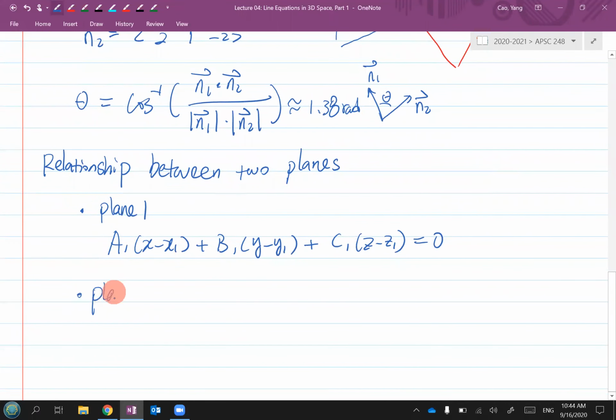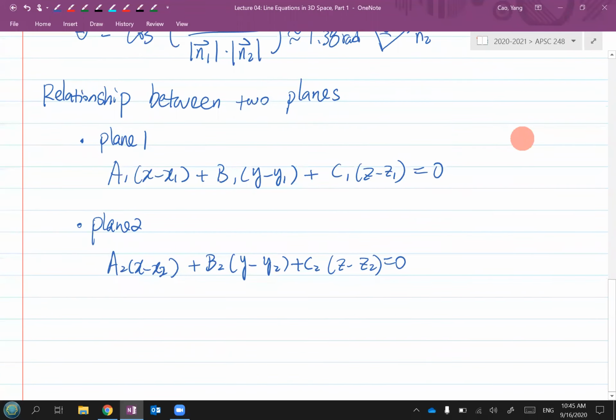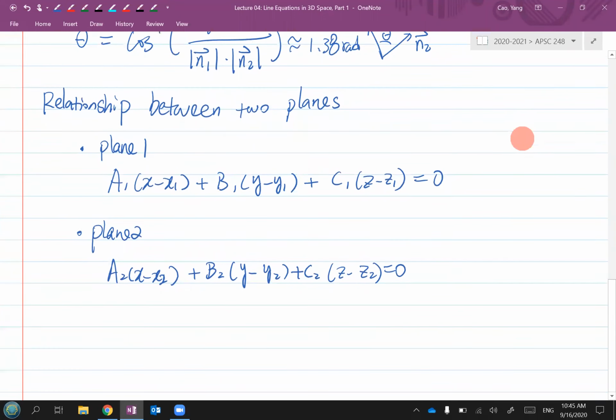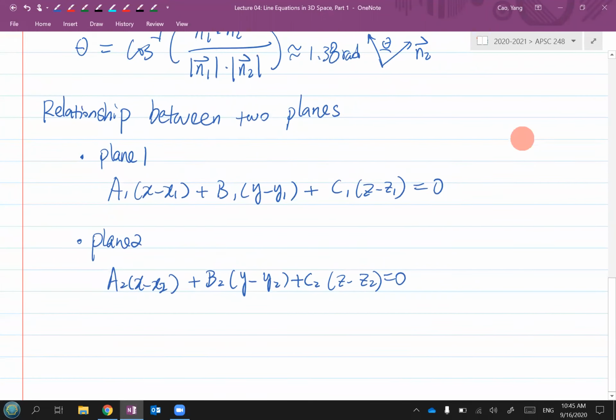And let's say we have another plane, a2(x - x2) + b2(y - y2) + c2(z - z2) = 0. There are two planes given, and I can draw them out here.